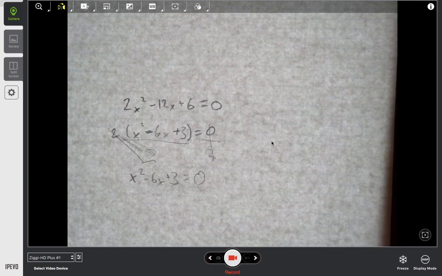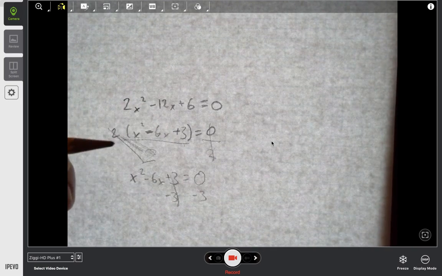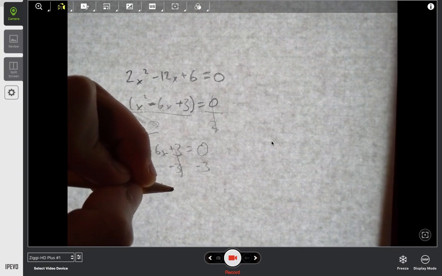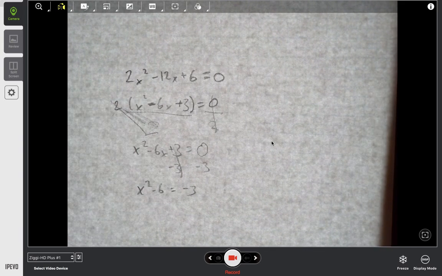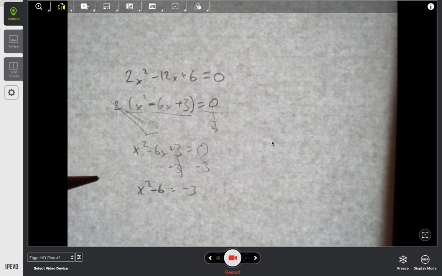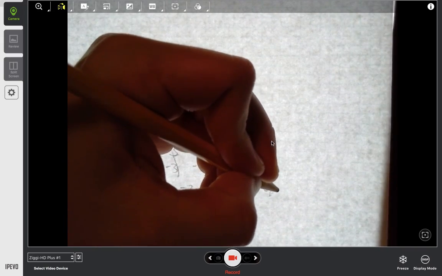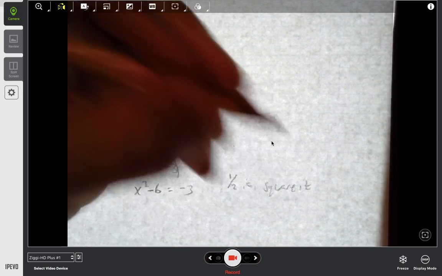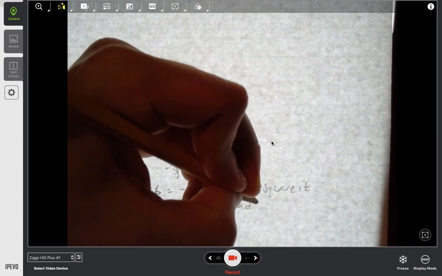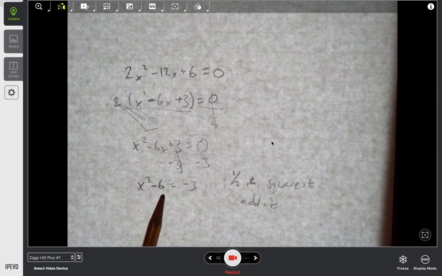Now let's start completing the square. I'm going to move my constant over to the other side. I get x squared minus 6x equals negative 3. Now your next step is you gotta play bop it, which is half it, square it, add it. So the it, by the way, is your b term.